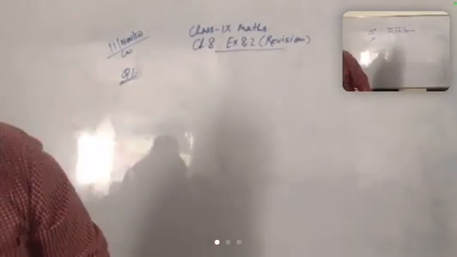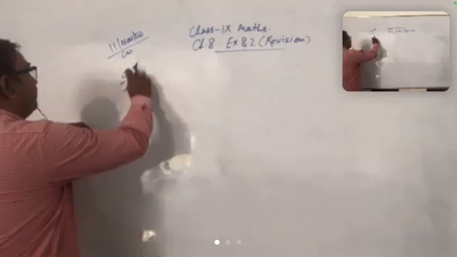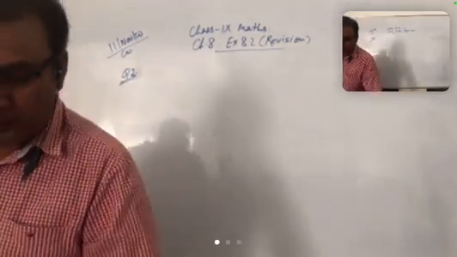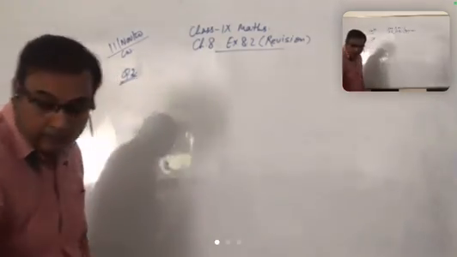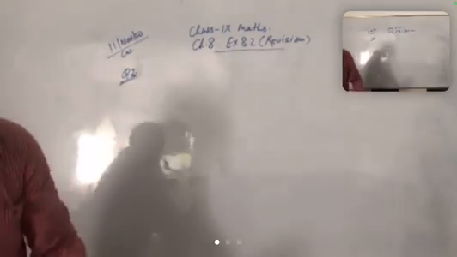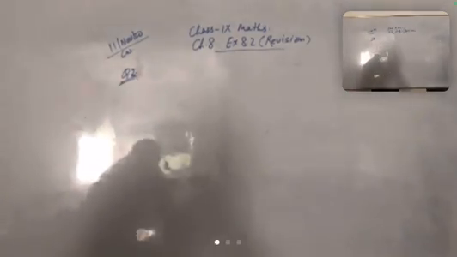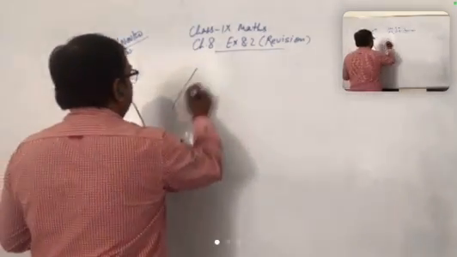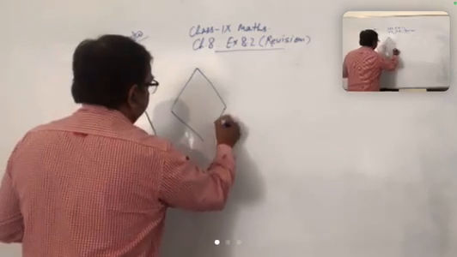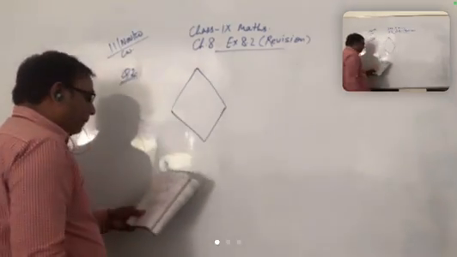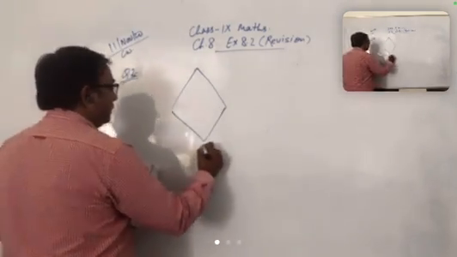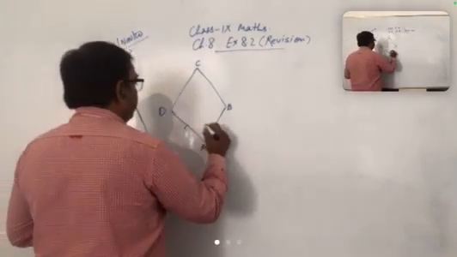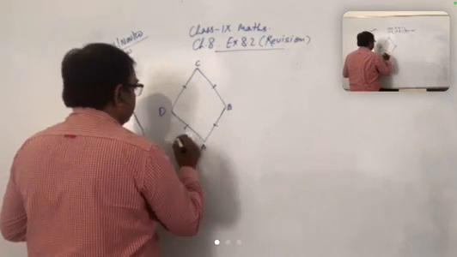So now the question number 2. ABCD is a rhombus and PQRS.